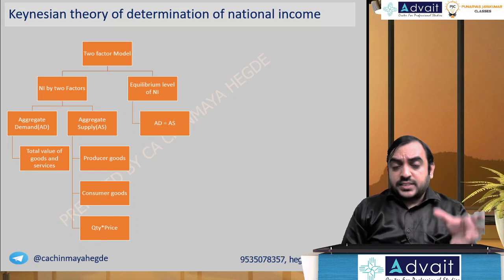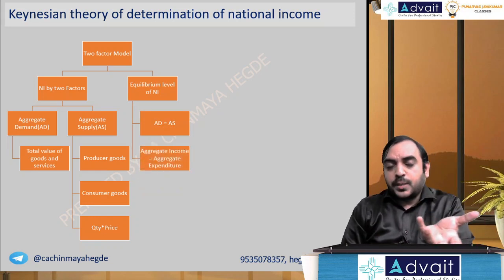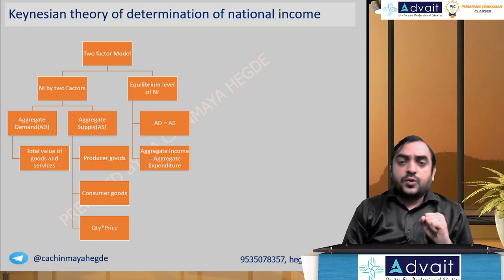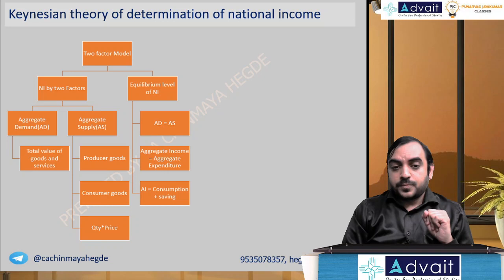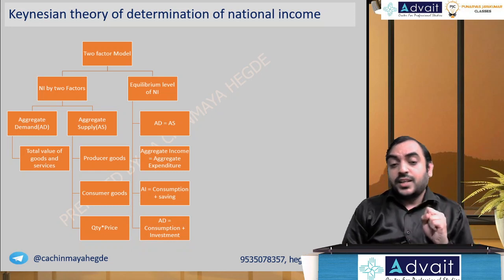Equilibrium level means aggregate demand is equal to aggregate supply or aggregate income. Supply, I told you, is also aggregate income. Demand is where households spend, so that is equal to aggregate expenditure. So aggregate income is consumption plus saving. Aggregate demand is consumption plus investment.